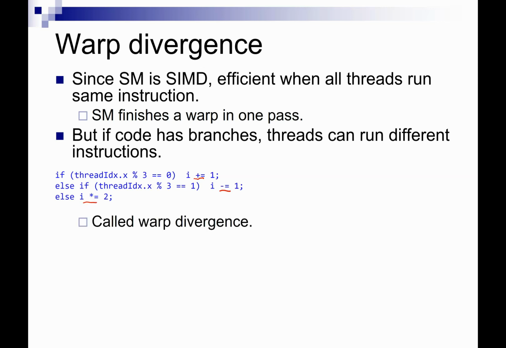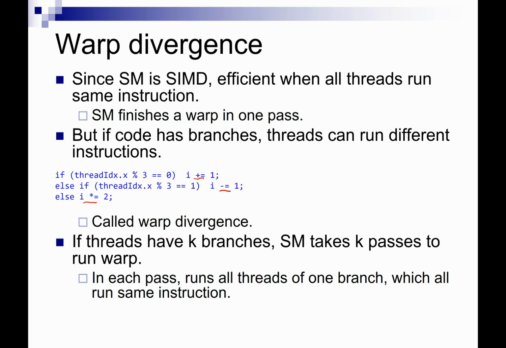So now the warp of threads are trying to do 3 different instructions, and because of the GPU architecture, they cannot do all 3 instructions in the same cycle. So we have to break these threads into 3 different cycles because they're doing 3 different operations. This is called warp divergence: the threads are doing different things.